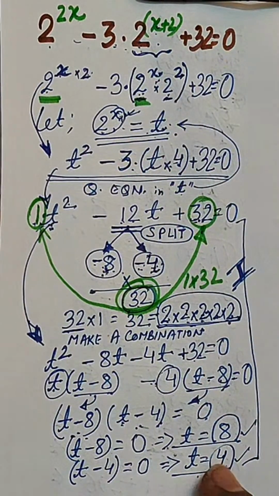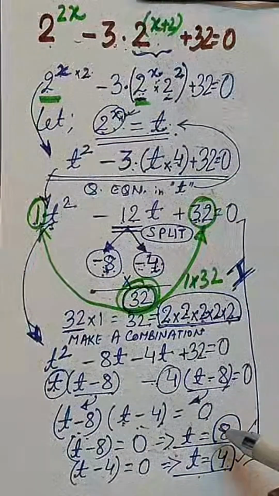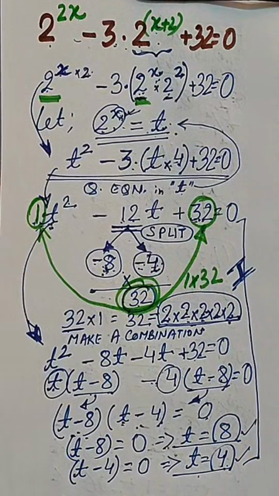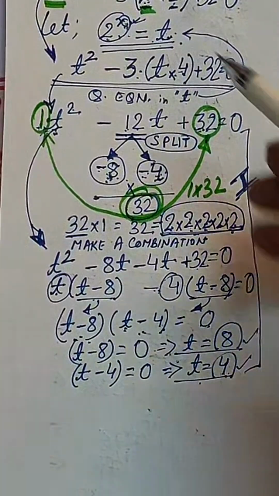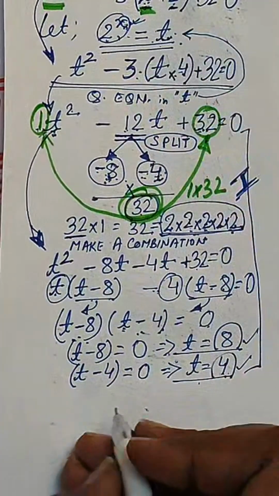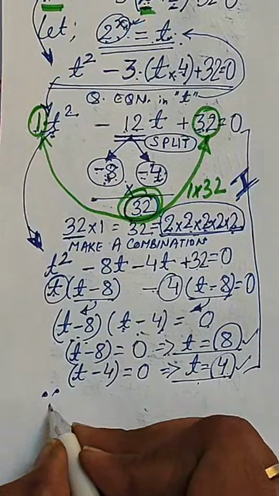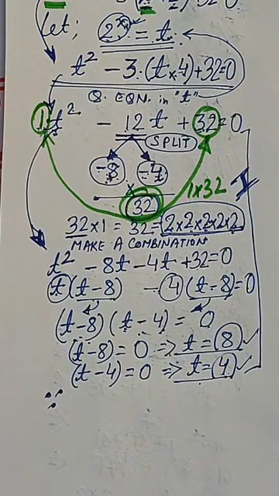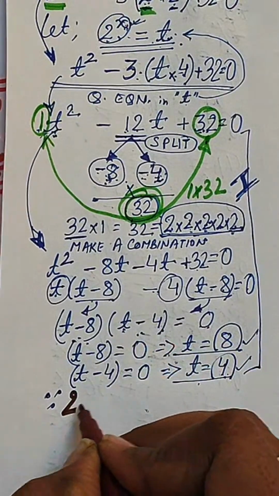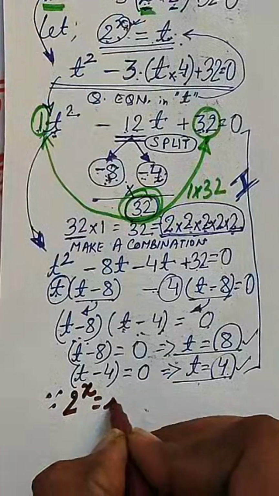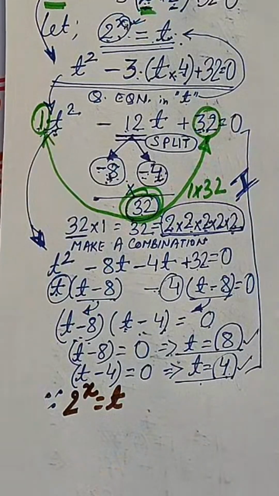We only found the first stage solution of this equation, that is t. We found the values of t. Now just put the value of t over here, right? So I'm writing, since 2 power x is equal to t, right?